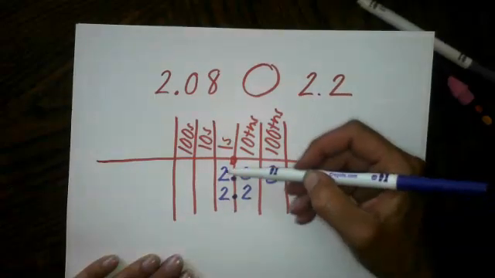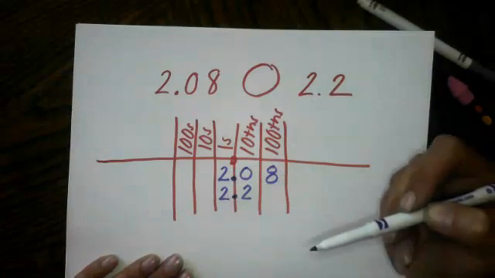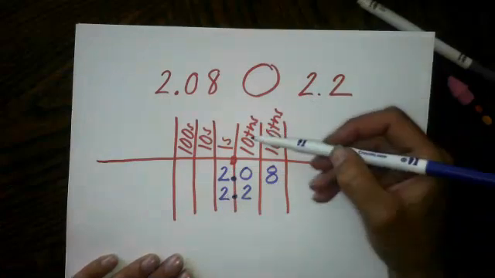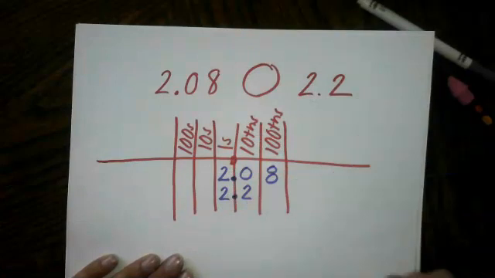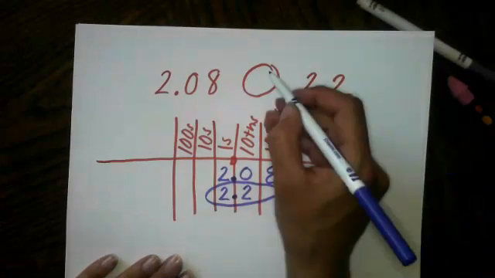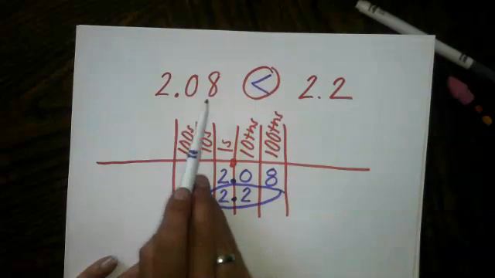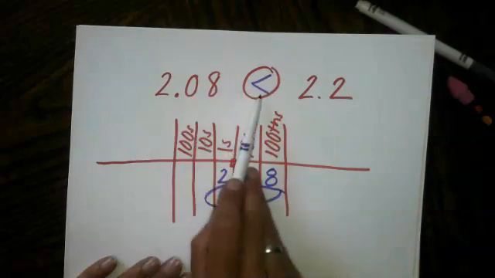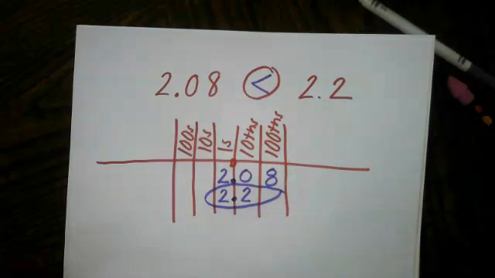In my ones place, I have a 2 and a 2. That doesn't tell me which of the numbers is greater. I'll go on to my tenths place, and I have 0 and a 2. Ooh, I know 2 is larger than 0, so that tells me that this is my larger or greater number. So I'm going to write in my symbol, and I know that 2 and 8 hundredths is less than 2 and 2 tenths.